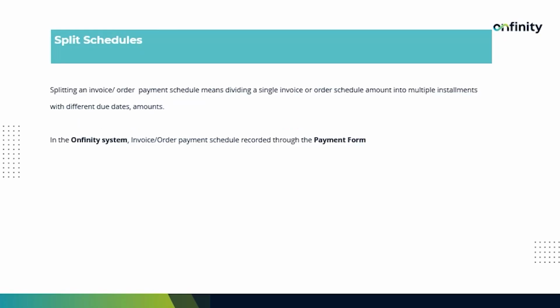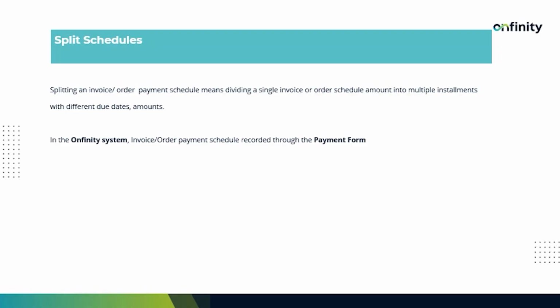Understanding schedule splitting. For example, suppose invoices are already created in the system, but the customer or vendor wants a different payment arrangement than the one originally defined. In that case, they can use the Onfinity payment form to select the invoice or order and split the total amount into multiple installments.